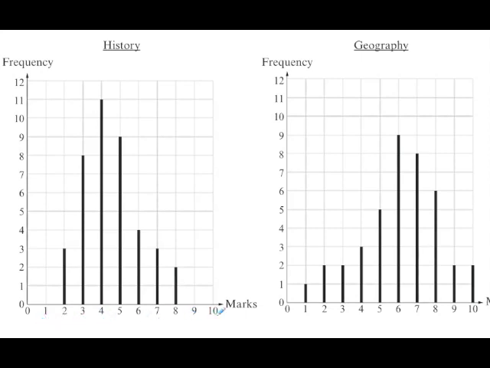So across the bottom, you've got the marks that the students obtained, and in both cases, they're out of 10, we assume. The frequency represents the number of students that got a particular mark. So for instance, here we can see that 3 students got 2 marks.